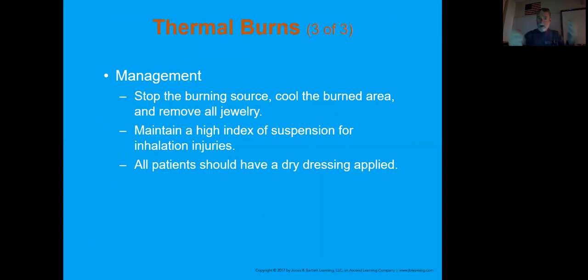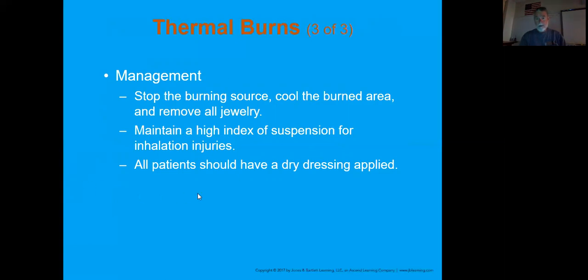High index of suspicion just means we're concerned that that person could have taken some of that gas in, and then you've got the trachea, which could actually start swelling. So we're always listening for hoarseness, or they got some coughs going along with that. That could be an indication that they actually sucked in some of those gases.